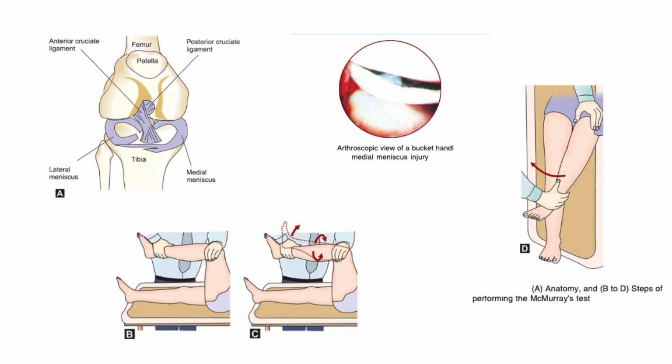Before that, I'll be talking about certain investigation methods and also the meniscal injuries occurring in children as well as in adulthood. So here I discuss the meniscus tear in young people.